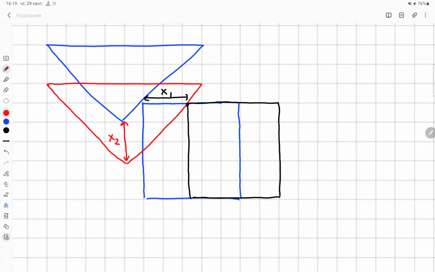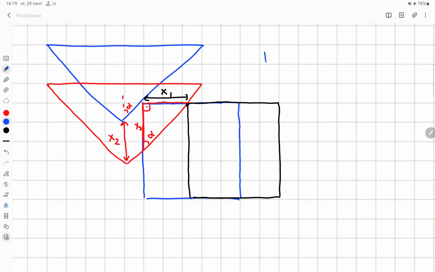Let's pay attention to this triangle. This is the right triangle. This side is also equal to x2 because these lines are parallel to each other. And we know that this angle is alpha. So we have a right triangle, this side x1, this side x2, this angle is alpha.